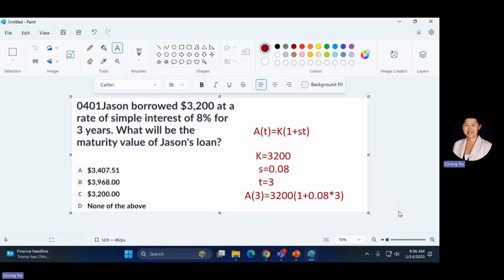That's the calculation for this question. Next question. Do you want to calculate it so we can submit it? It's a simple interest question.